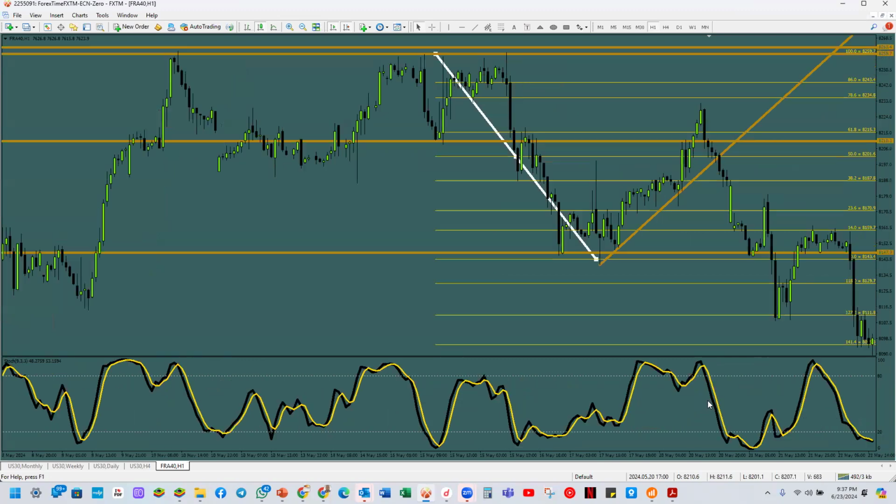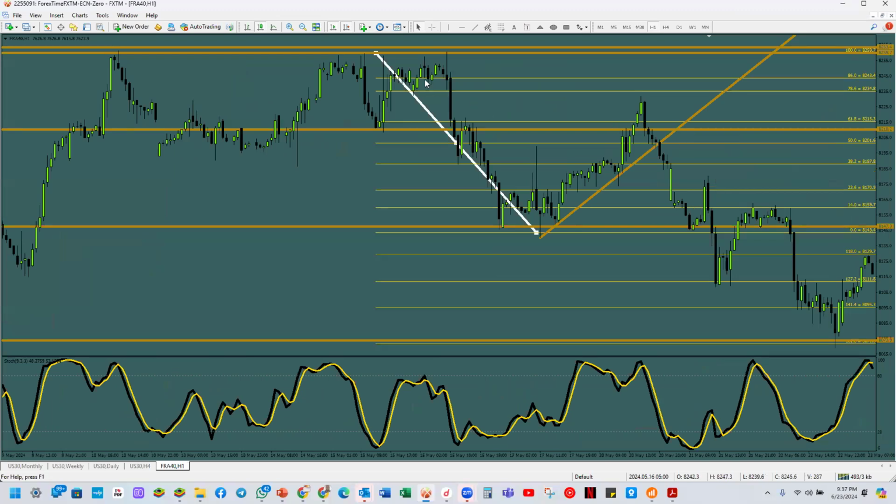So in our case, this is our A, this is our B. During our A, you see that the market got to the overbought level, telling you the market is selling. So this is overbought, oversold, which is this area, and then it comes back to overbought. Now, because the market has entered the overbought region, and then the market comes and breaks the trend line, this is an indication that the market is going to sell.